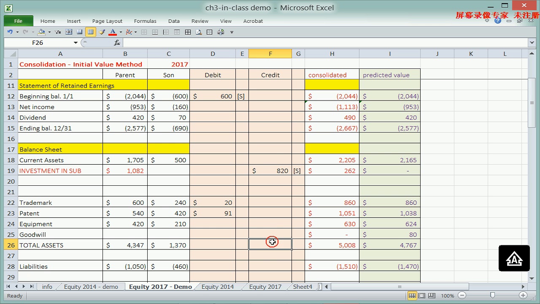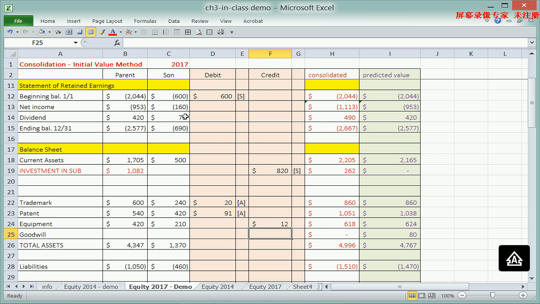Okay, but let's do it one by one. So I'm going to do this A. Equipment is the same, but it's on the other side because it's an overvalued asset. So I want to do 30 minus 3 years of the 6 that we are amortizing.